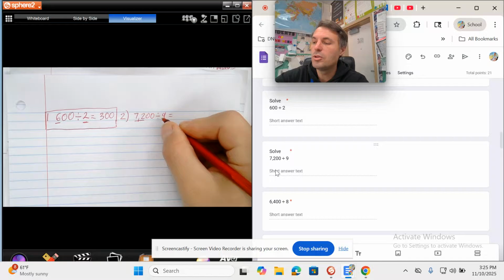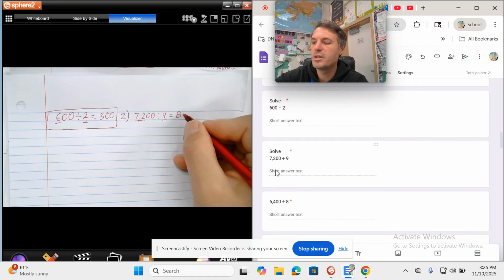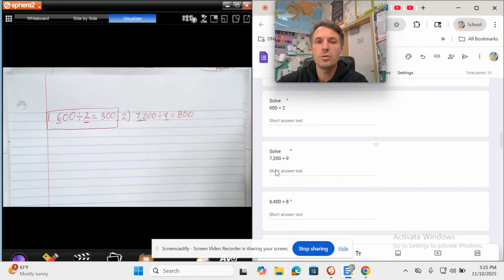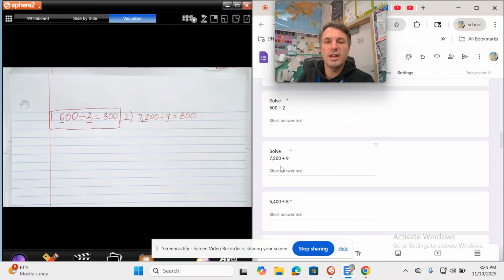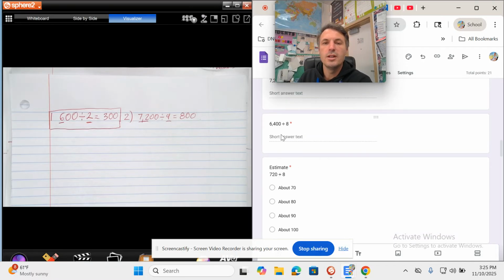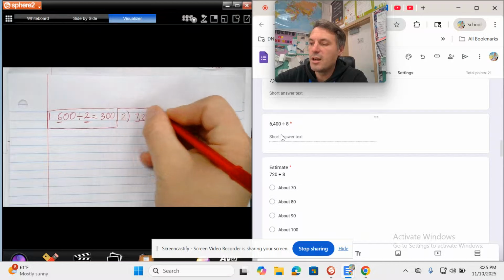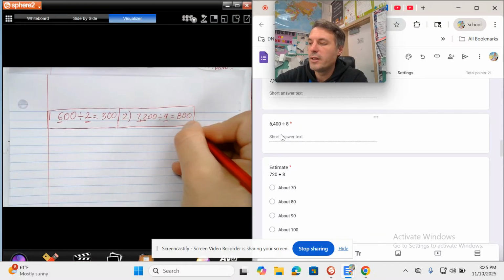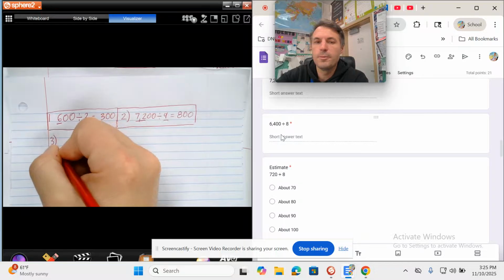So 72 divided by 9 is 8, and then you count 1, 2 zeros in the dividend, so you add 2 zeros to the quotient. So you type in 800 right here. 7,200 divided by 9 is 800. And so box that off, and let's do number 3 right here.